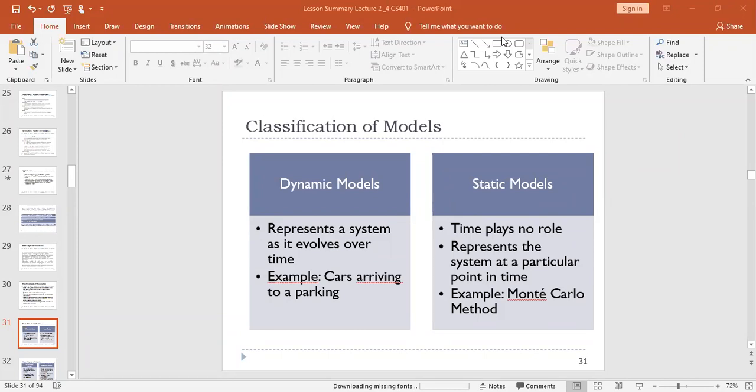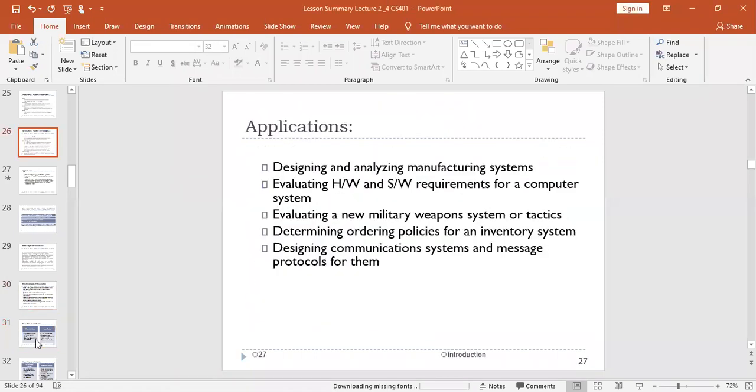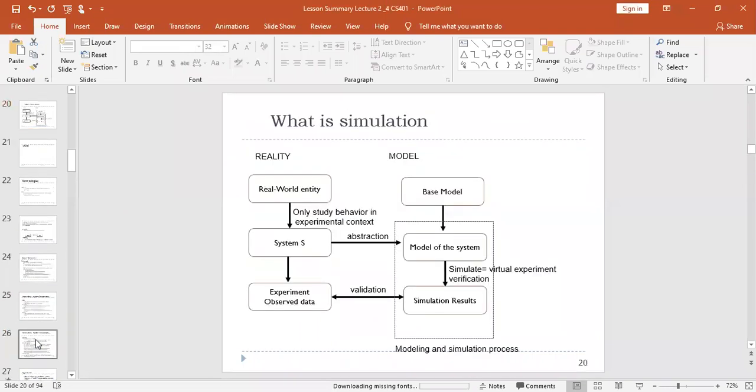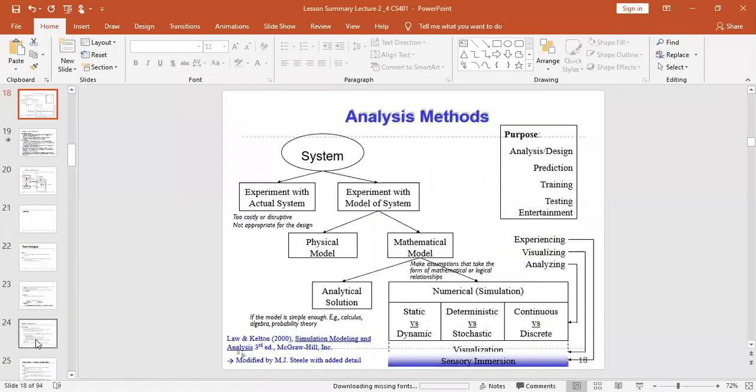Okay, in the absence of any question, let me tackle the main types of model, and then we wrap up for today's class. Let me go back to the flow chart from lecture 1.